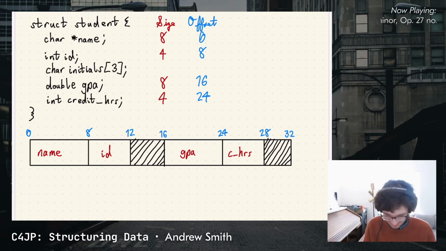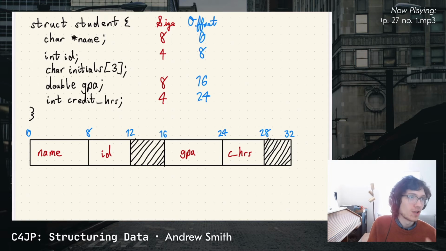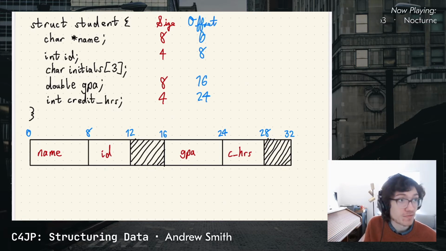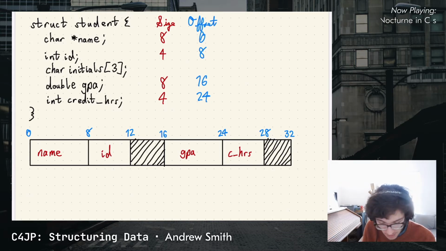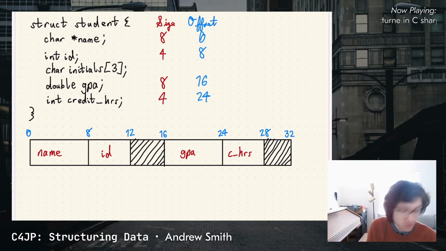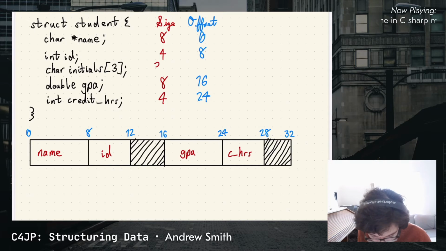Arrays are aligned based on the size of their type, the type that they store. So if we have an array of 3 chars, well, a char is only aligned to a single byte boundary, right? Chars are 1 byte long.